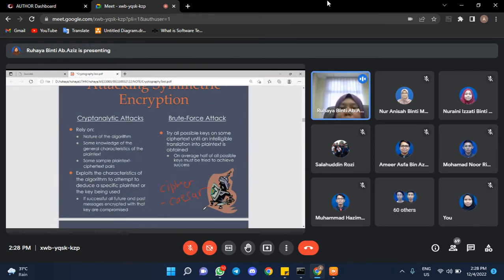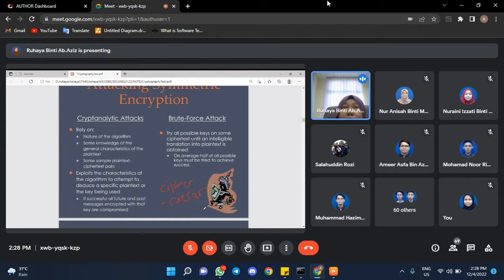For example, Caesar's cipher shifts the alphabet 3 places, so for A, after 3 places, A, B, C, it becomes D. So they change the word.